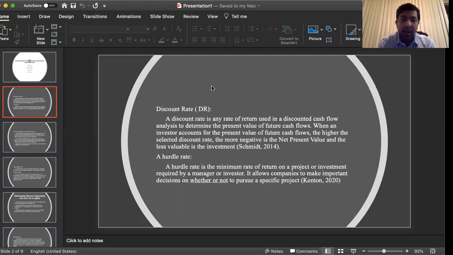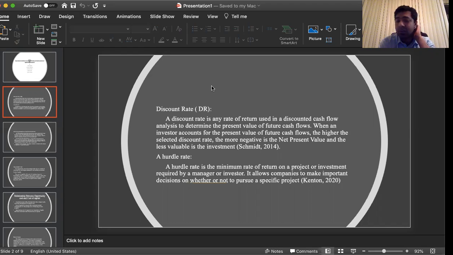And next is the hurdle rate. This is the easiest one for me at least. It is basically the minimum rate of return on a project or investment required by a manager or investor. It allows a company to make an important decision on whether or not to pursue a specific project, such as when you want to invest money somewhere.